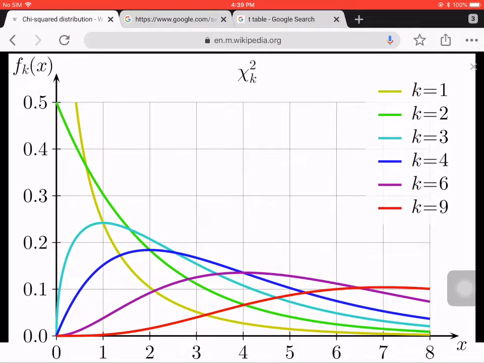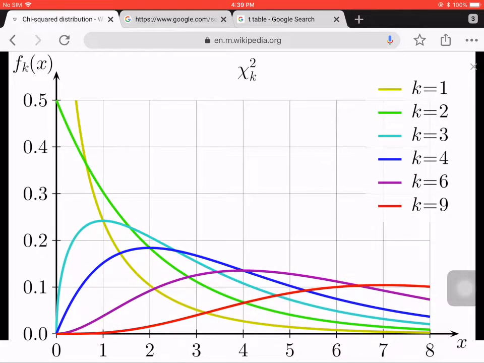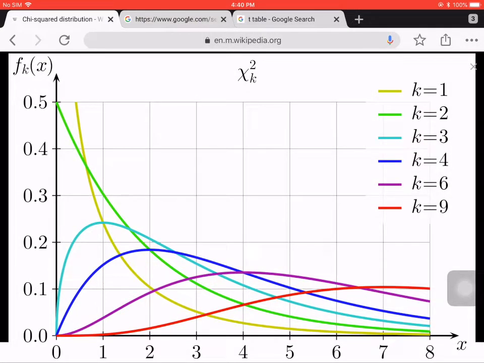You can take a look at this PDF. First of all, it's continuous, and it's derived by the summation of the squares of standard normal random variables. If you only have one squared random variable, when k is equal to 1, you can find the yellow curve, which looks like this.